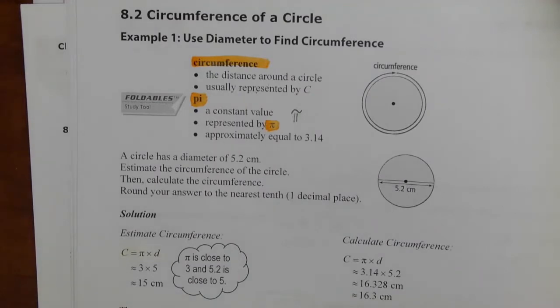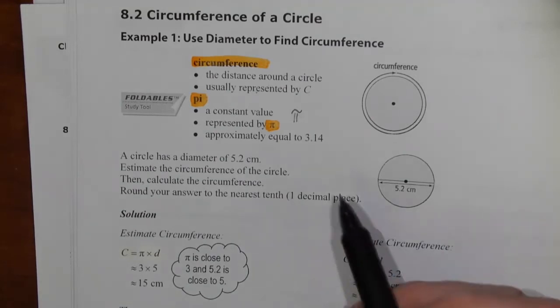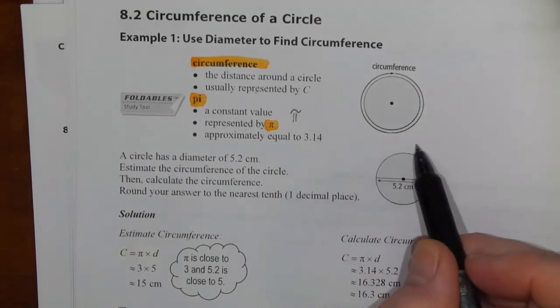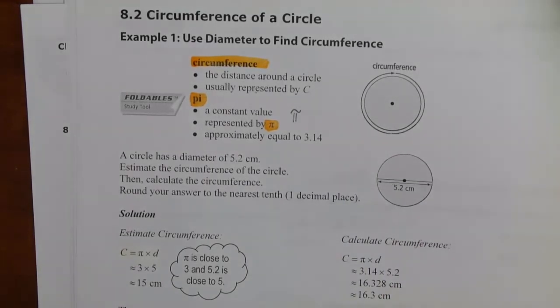Now, it's a special number. It seems to go on forever without repeating, as in there's a bunch of numbers that come after the 4. And some people have actually memorized it to 100 digits and probably beyond that as well. But 3.14 is close enough to what we are going to do here in our math class.